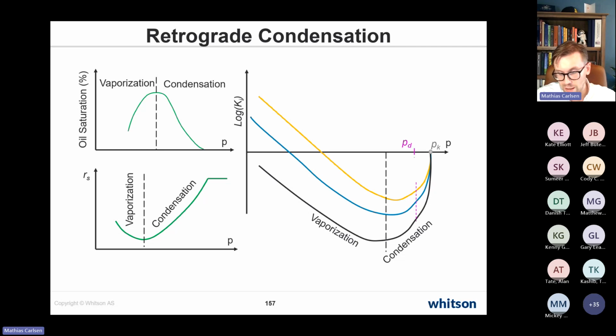At some higher pressure they like to be in the gas phase or in the oil phase, and then that switches. So it switches from a net condensation-driven process to a net vaporization-driven process, and that's why you see this particular shape right here.